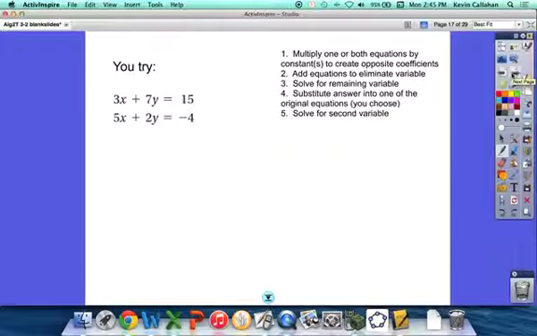So you try to do the same thing there. You're going to have to do the step 1. Figure out what you want to multiply each equation by so that one of the variables has opposite coefficients.